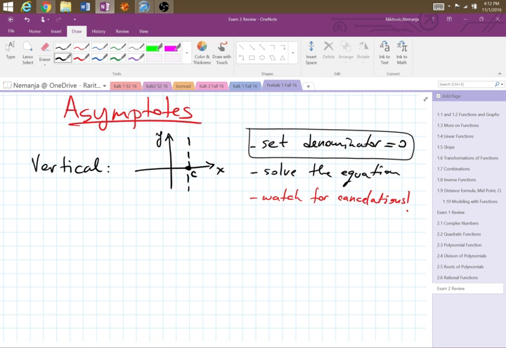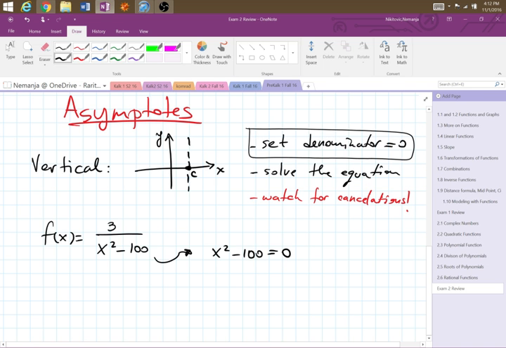So, if I have f of x equal to 3 over x squared minus 100, I take this denominator, x squared minus 100, set it equal to 0, and from there get that x is equal to positive or negative 10. These are your vertical asymptotes.